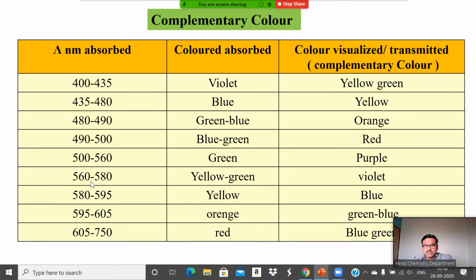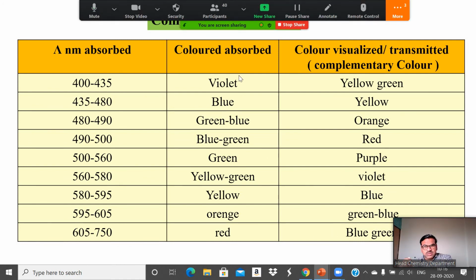Then 560 to 580, yellow green absorbed, its complementary color is violet. 580 to 595, yellow color is absorbed by the object, then blue color appears. 595 to 605, orange color is absorbed by that particular object, it appears green blue. And finally 605 to 750, when red color is absorbed by the object, it appears as blue green.